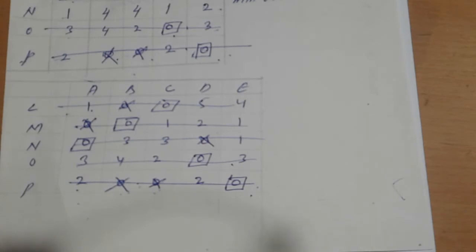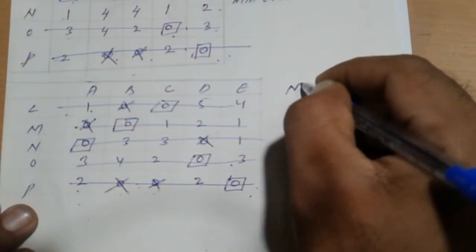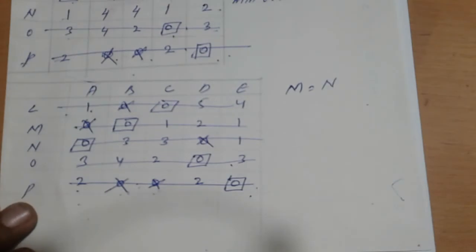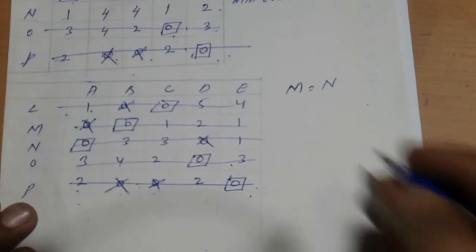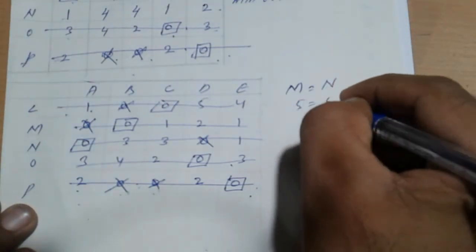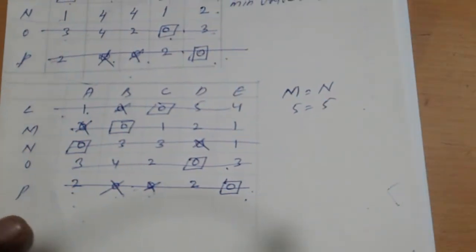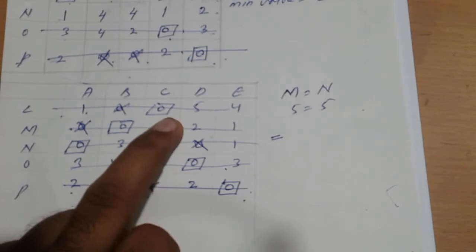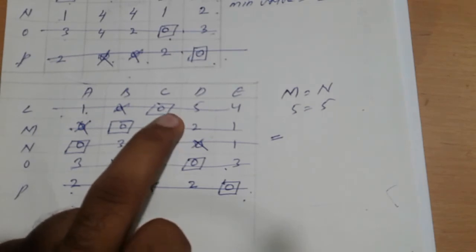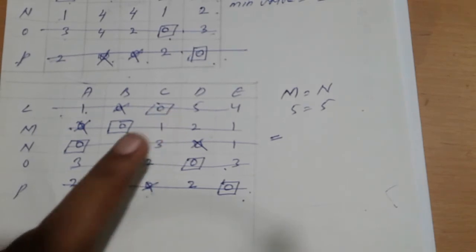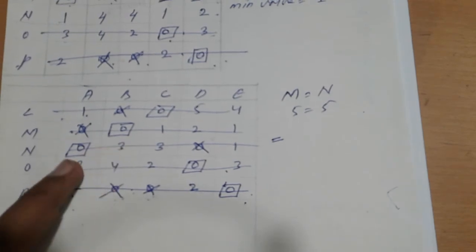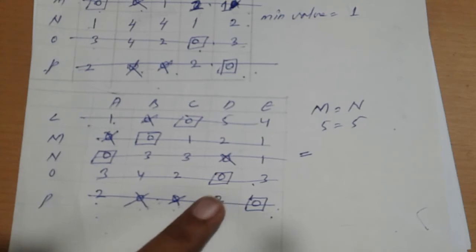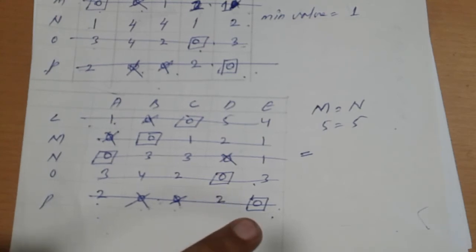We have got m equal to n, number of jobs, number of workers, 5 and 5. Now what is the assignment: L in C, M in B, N in A, O in D, P in E we are getting.